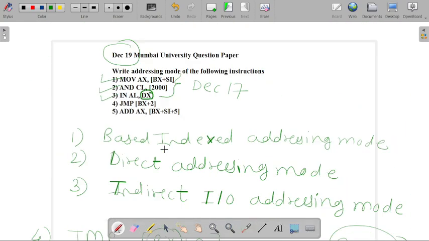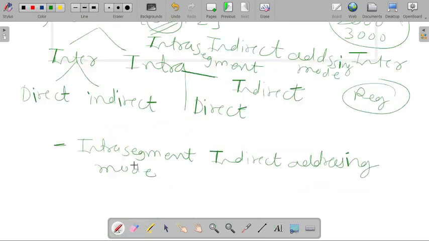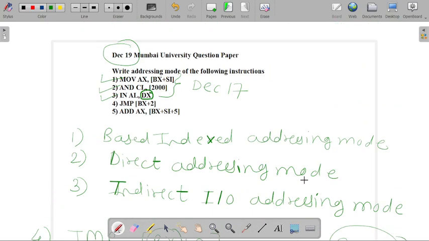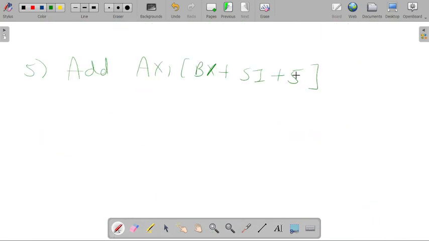Now the fifth question is ADD AX, [BX plus SI plus 5]. This question was already asked in the December 17 question paper, and the value given is different. Here 5 is given, and how can we identify the addressing mode for this instruction?